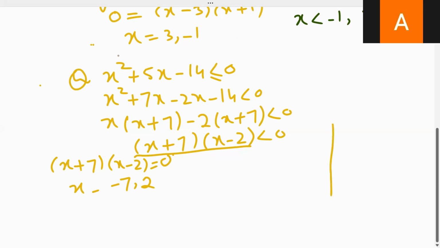Same way. Because the coefficient is positive, the shape will be like this. And the points are -7 and 2. So 1, 2, 3, 4, 5, 6, 7, and this is 2. So it will be like this.